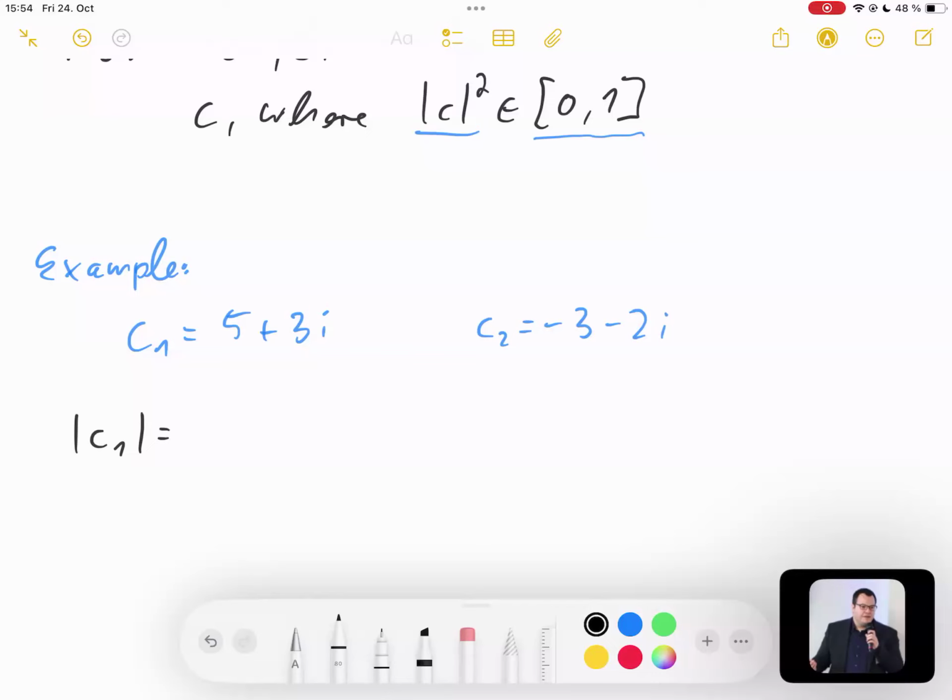It's the square root of 34. Well, we just do 5 squared plus 3 squared.